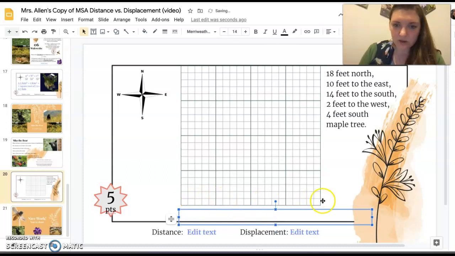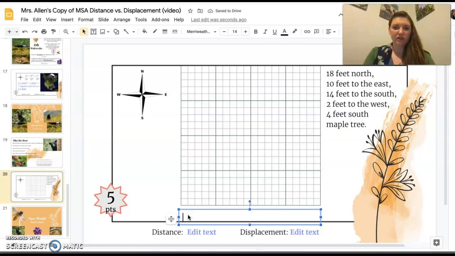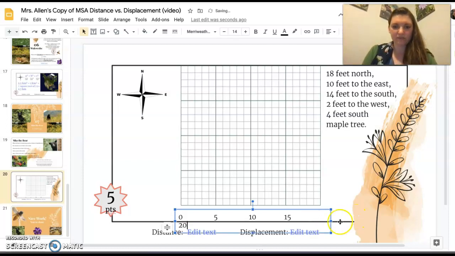So this one goes up to 20, so I can actually use a 1-to-1 ratio here. So I got my 0, I got my 5, I got my 10, 15, and 20.